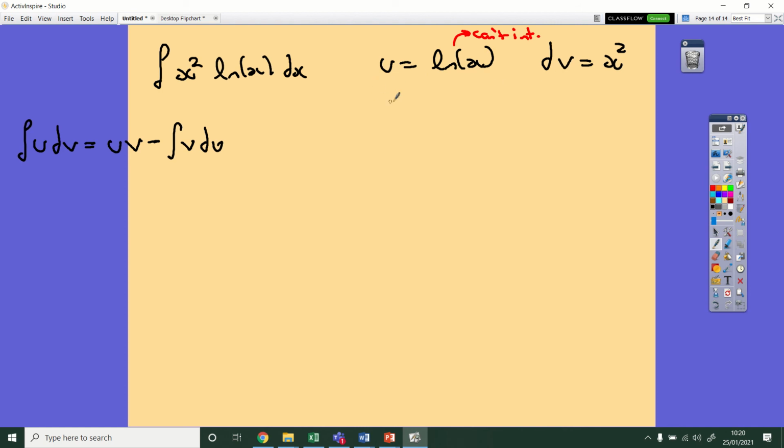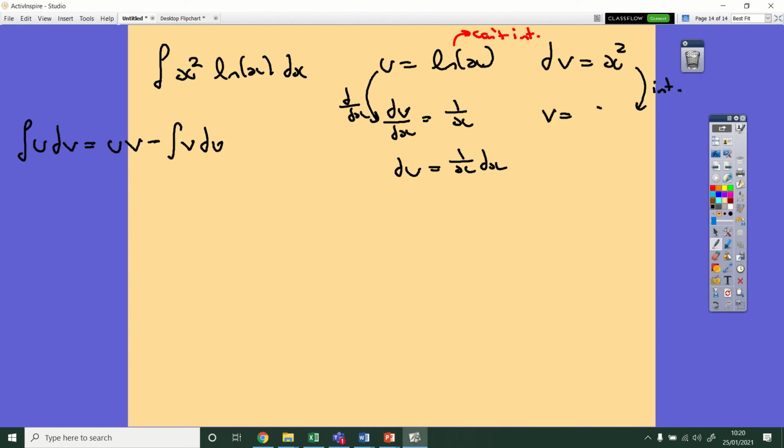So I want to differentiate this one. du by dx: ln of x differentiates to 1 over x, which means that du is 1 over x dx. Okay, differentiate this side. We integrate this side, which unfortunately makes it more complicated, but it's okay because when we do the next bit, it's going to all make sense.